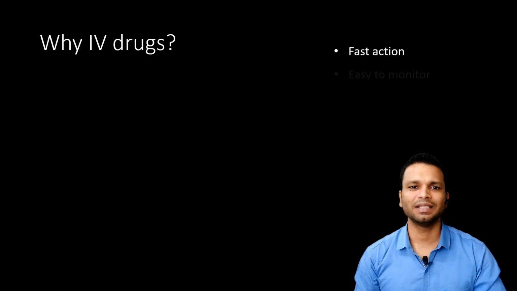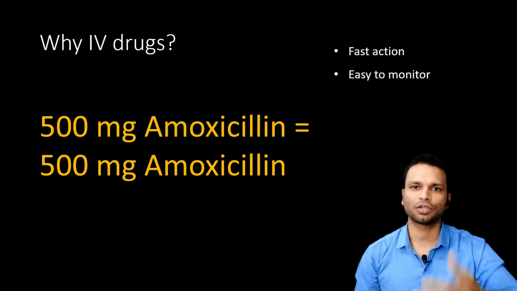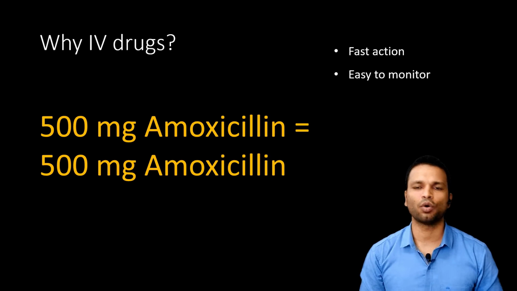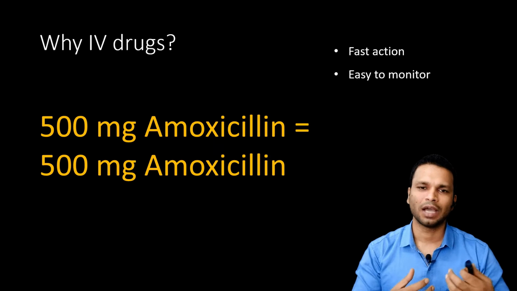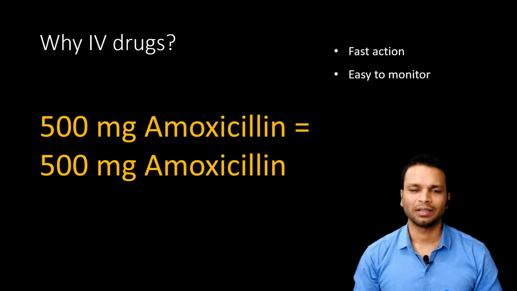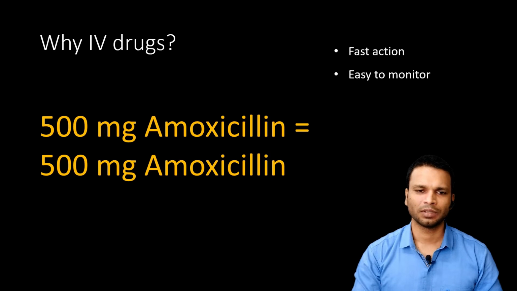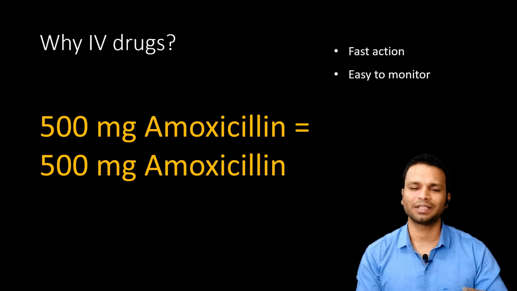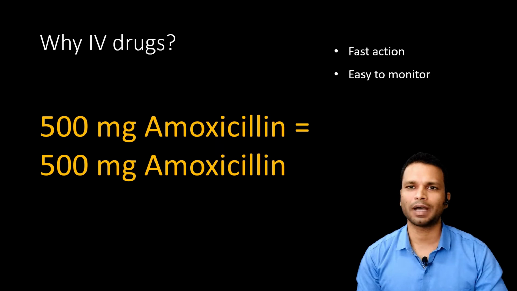Then it is easy to monitor. Let us first talk about oral administration. When you administer a drug orally, the drug has to be absorbed from the GIT, then it has to undergo first pass metabolism, then it is absorbed into the blood. So many times a major chunk is not absorbed in the GIT, it is directly wasted by defecation, then it has to undergo first pass metabolism.